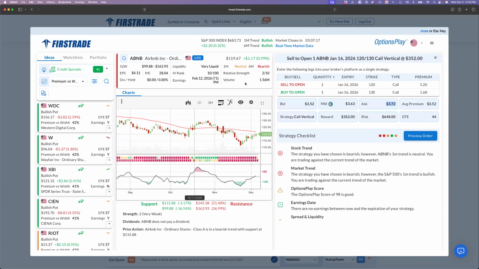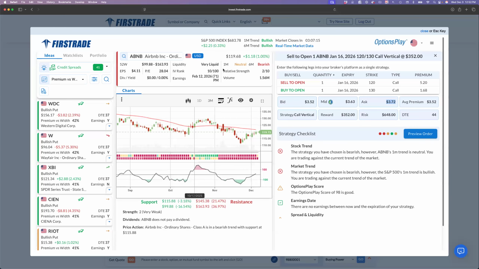What is the significance of relative strength? Relative strength tells you how the stock is performing relative to the market. Generally speaking, if you're bullish on a stock, you want to see strong relative strength, or at least improving relative strength. And if you're bearish on a stock, you want to see poor relative strength, or at least deteriorating relative strength.